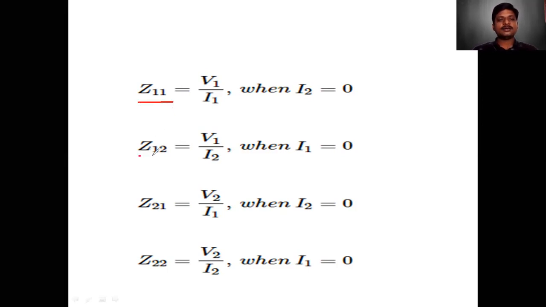Okay. And Z12 is output transfer impedance. Z21 is input transfer impedance. And Z22 is called as output driving point impedance.